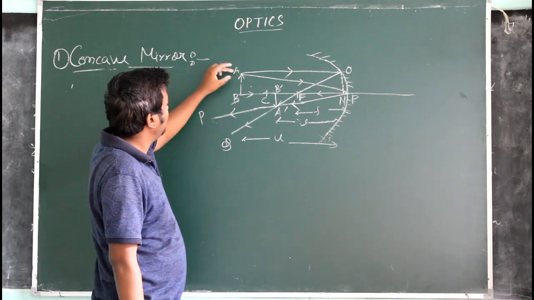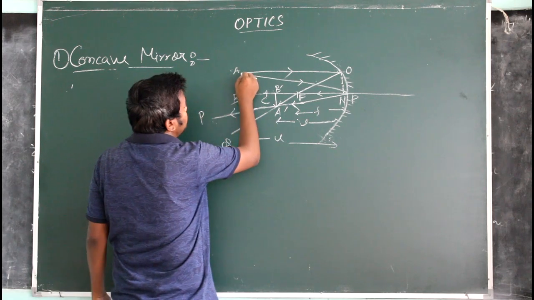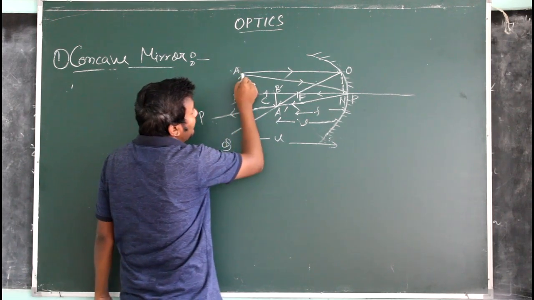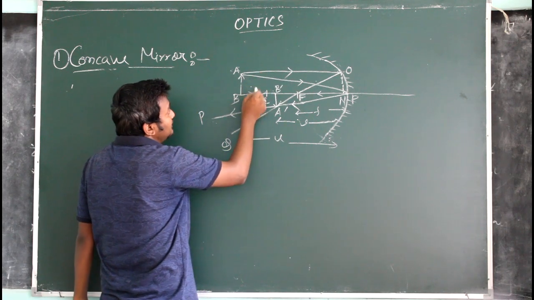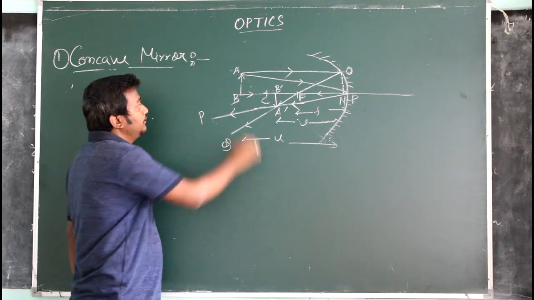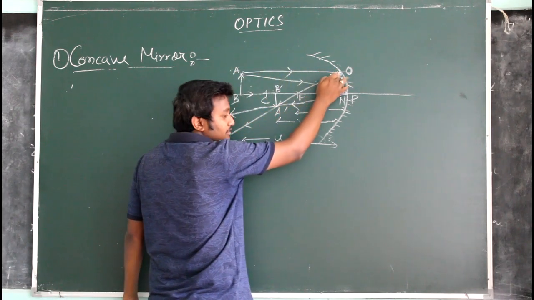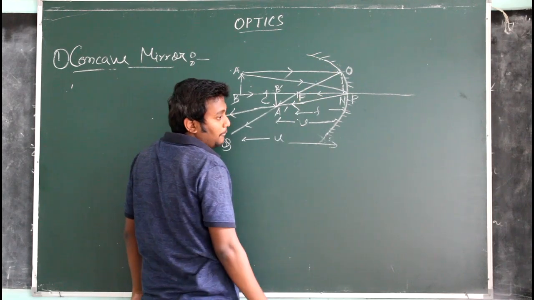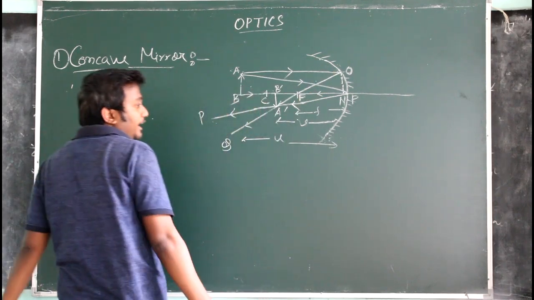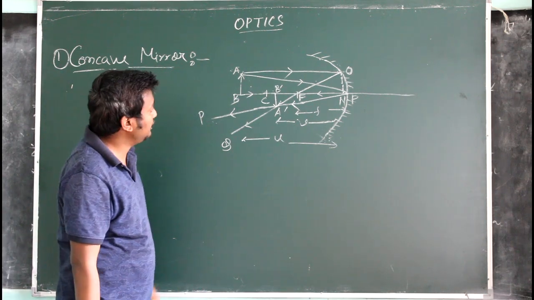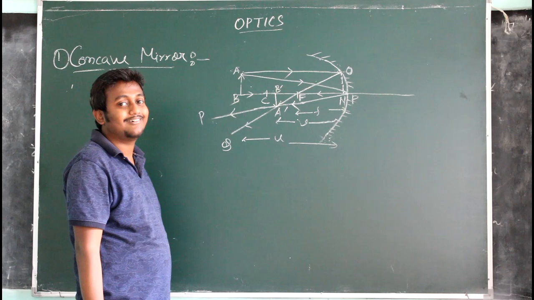So consider one ray that comes out from the point A. One ray that is parallel to the principal axis is incident on the point O on the mirror. That is, AO is the incident ray which is parallel to the principal axis. By the rules we know the ray which is parallel to the principal axis, after reflection will pass through the focus.